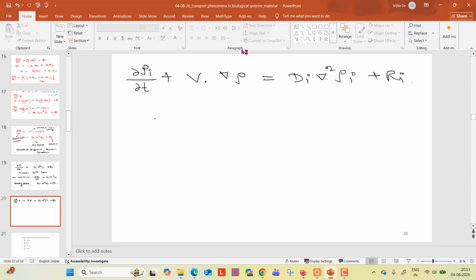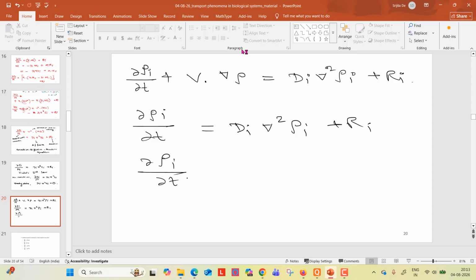Without the convection due to velocity, it will be del rho I del T equals to di grad square rho I plus Ri. Without reaction, it will be del rho I del T equals to di grad square rho I. And at steady state, it will be just simply di grad square rho I equals to 0. Okay? I think you have understood this, right?